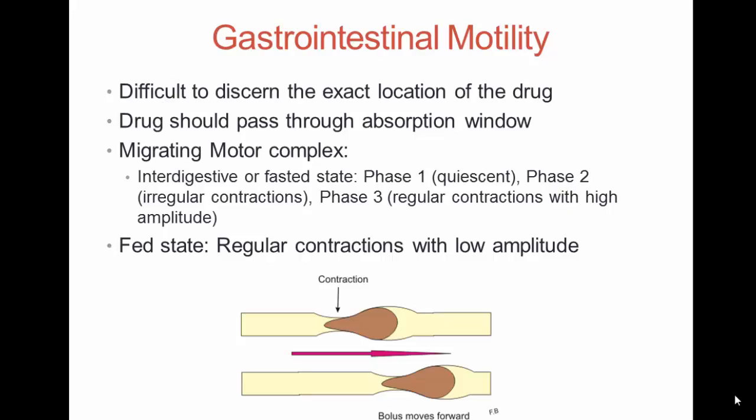The next one: how gastrointestinal motility happens. When the drug is taken through the oral route and is present in the intestine, we do not know exactly where the drug is located. We cannot see it, and we cannot understand whether the drug is absorbed and how much is absorbed.